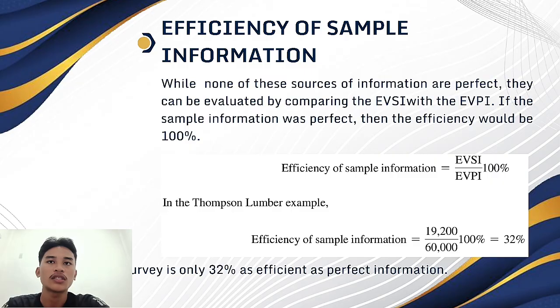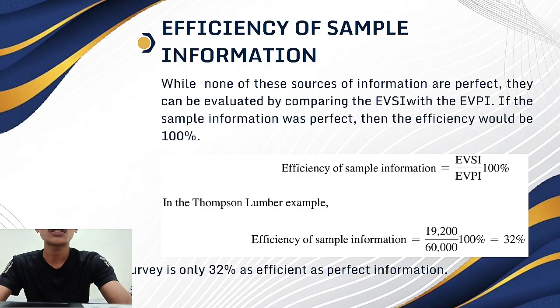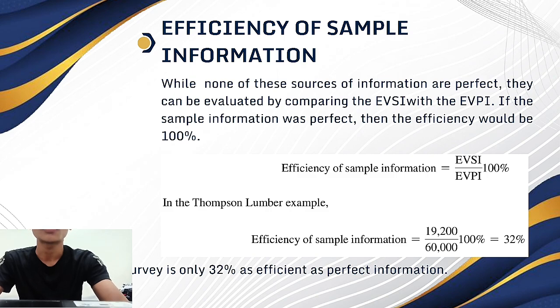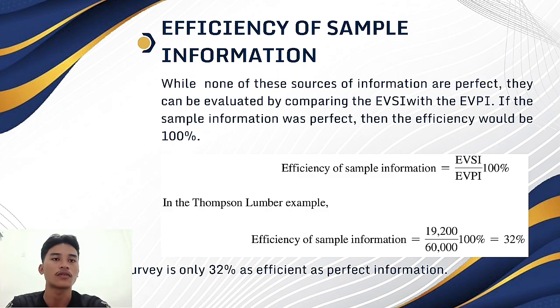So as you can see, if we evaluate the efficiency of sample information for the Thompson Lumber example, we have 32,000. Therefore, the market survey is only 32% efficient. So the market study is only 32% as efficient as perfect information.